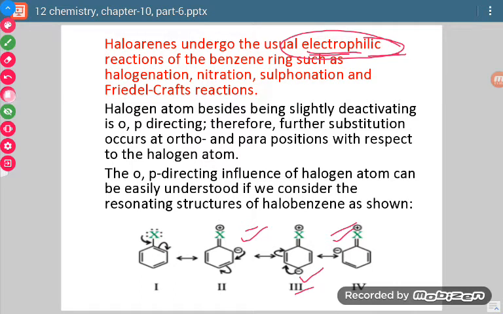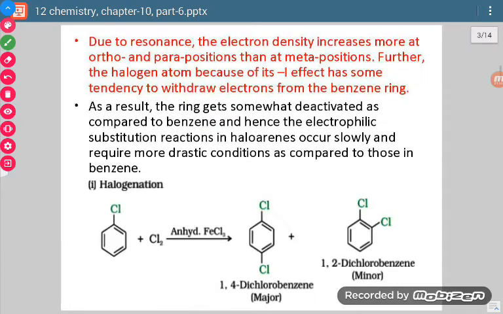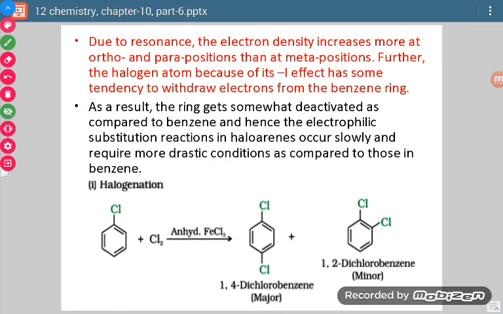Now, one more thing comes into action here. In haloarenes, the halo group is an electronegative group, so because of its electronegativity it shows a minus I effect. Because of the minus I effect, it has the tendency to withdraw electrons towards itself.